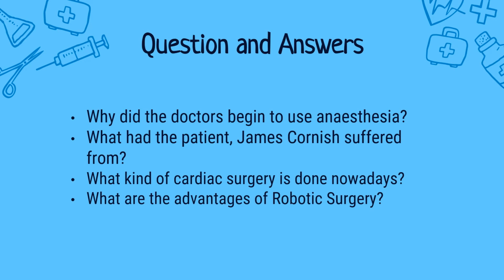The next question is, what kind of cardiac surgery is done nowadays? It's very simple again. Nowadays, more advanced techniques are used to deal with heart complications. Open heart surgery, which helps to repair heart defects and heart valves and even replace them, is also performed successfully.